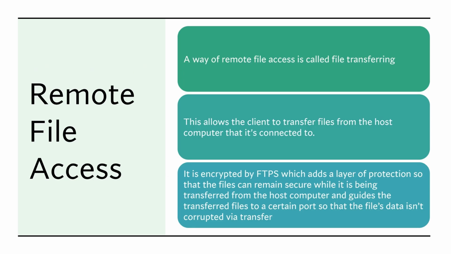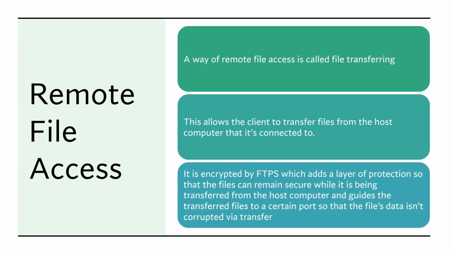Remote file access. Put in simple terms, it's in the name. File access is a way of remote file access called file transferring. It allows you to transfer your files from one computer to another. This can allow the client to transfer files from the host computer that it's connected to.